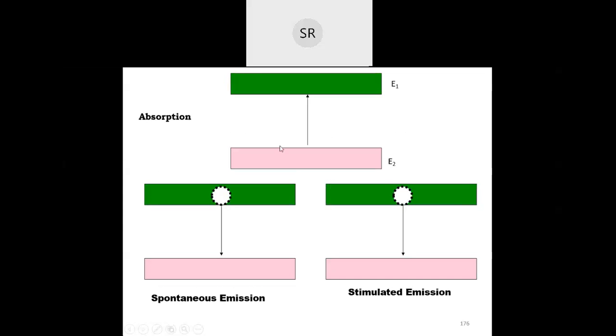Now, how does this action take place? You can see here, this one is absorption of the light energy, or electromagnetic energy. Next, spontaneous emission changes that excitation, and it generates an emission of an electron. Then there is further stimulated emission.